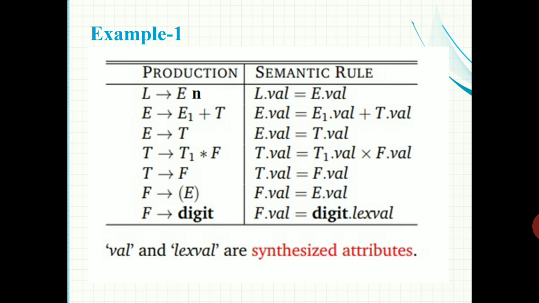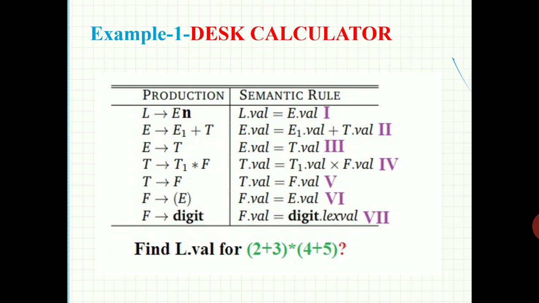So the evaluation of this particular example we can do in both ways: we can consider it as an S attributed definition, or as an L attributed definition. This SDT is an example of a desk calculator.